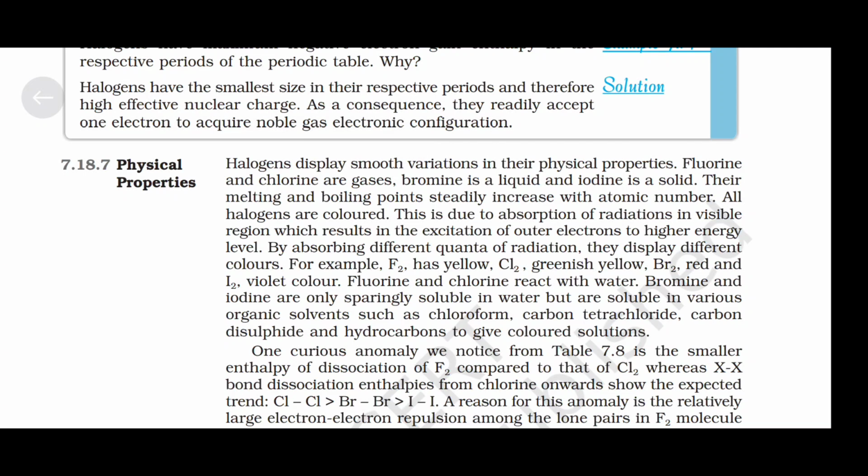This is due to absorption of radiation in visible region, which results in the excitation of outer electrons to higher energy level. By absorbing different quanta of radiation, they display different colors. For example, F2 is yellow, Cl2 greenish yellow, Br2 red, and I2 violet.